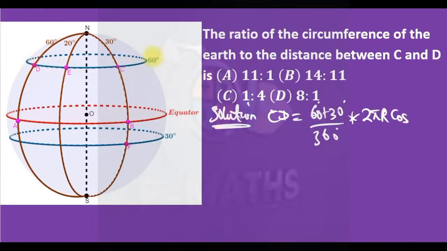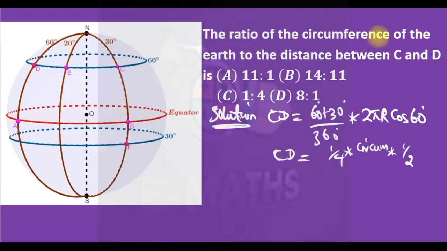As you can see, they lie on 60 degrees, so 60. So what we have here is 90 over 360, which is 1 over 4, and cos 60 is half. So I have 1 over 4 times 2 pi r, the circumference of a circle, times half. Cos 60 is half, CD.